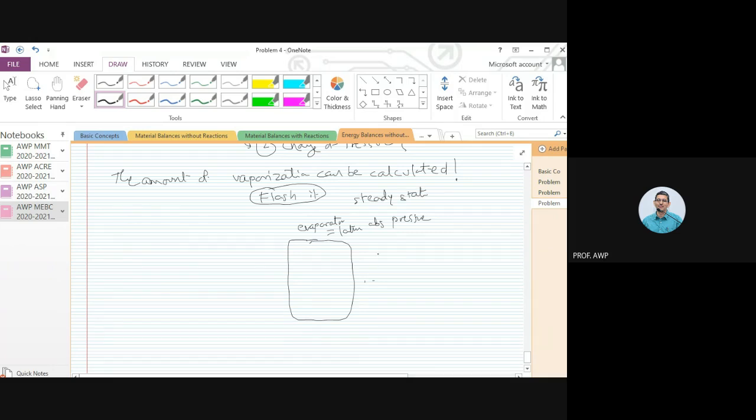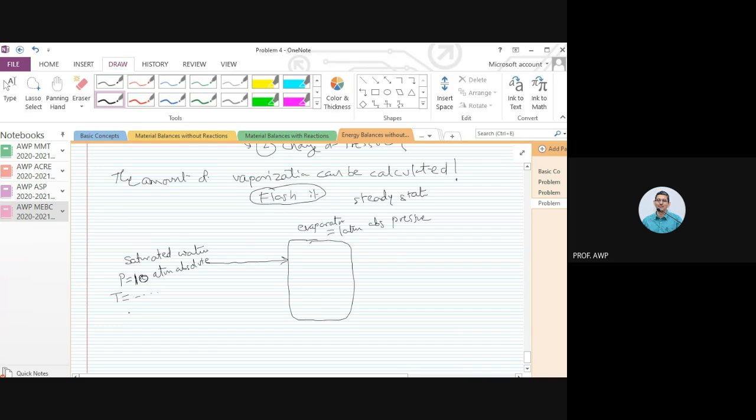Okay. In this evaporator, steady state, we are supplying saturated water. Saturated water means suppose pressure is 10 atmosphere absolute and the corresponding temperature.